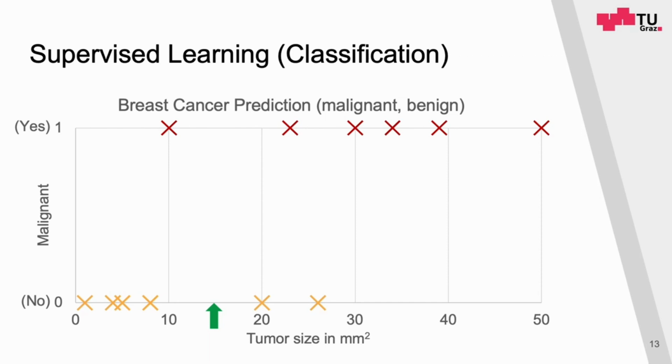So if you look at this data, you can see, for example, if the tumor size is 15 square millimeters, then we have only one case, the red cross at the upper side, which is 10 millimeters and is malignant. And we have 4 cases where the tumor size is smaller than 15 square millimeters and it is benign. And we only have 2 cases.